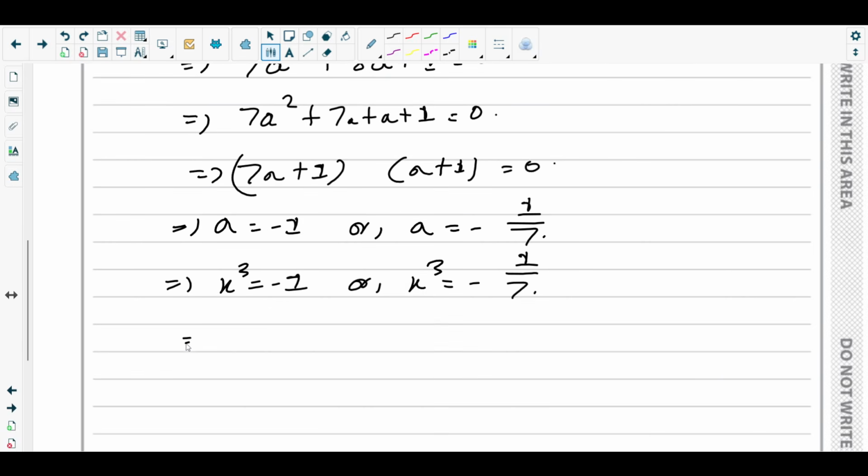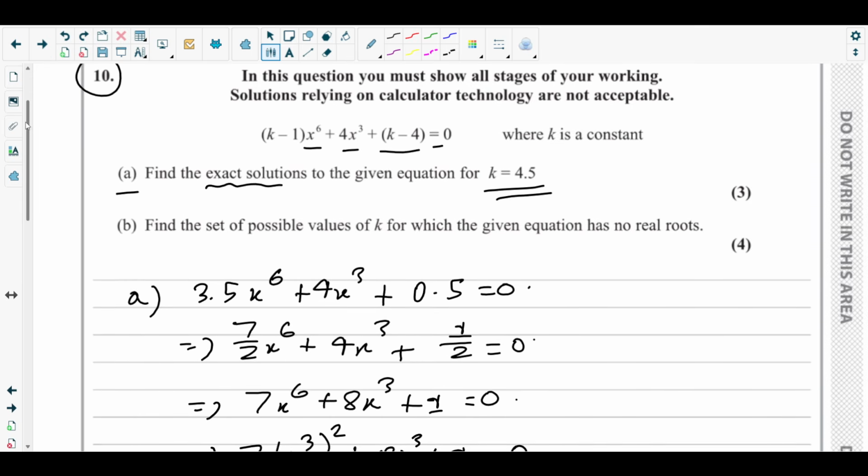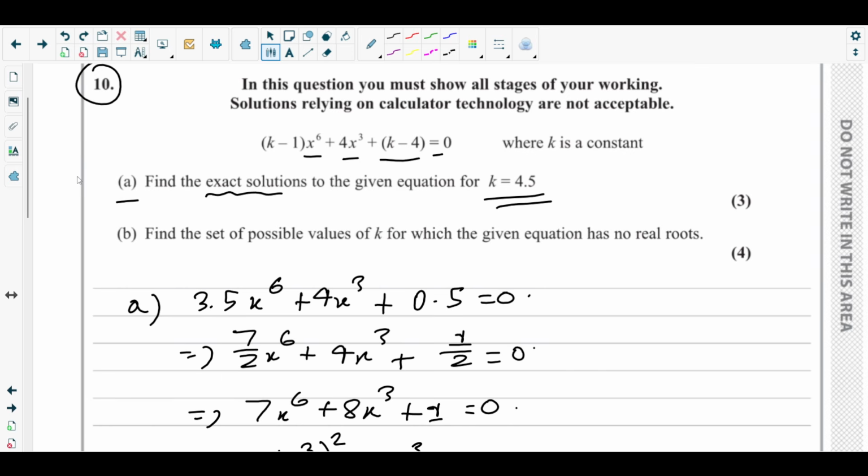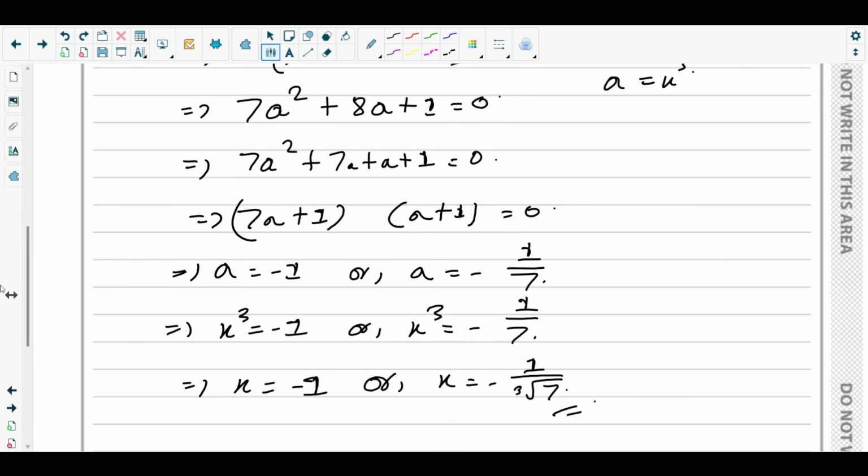So either x equals -1 or x equals -1 over the cube root of 7, and that's the answer for part A. So we got exact solutions: one is -1 and the other is -1 over cube root of 7.